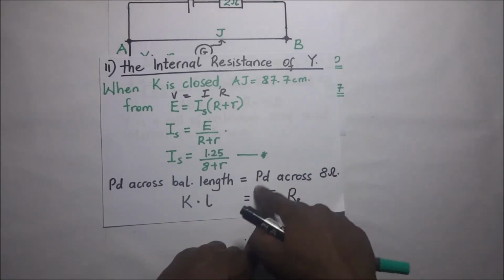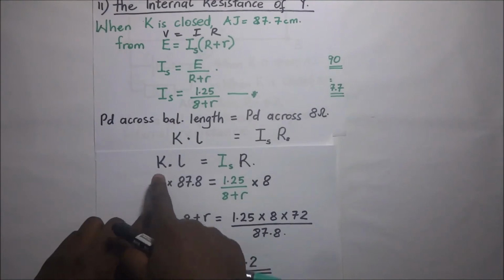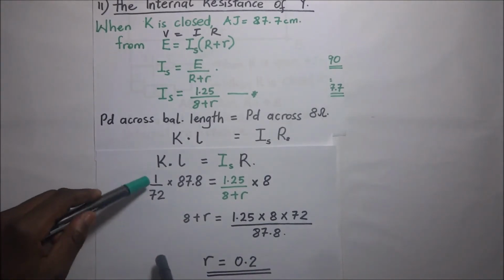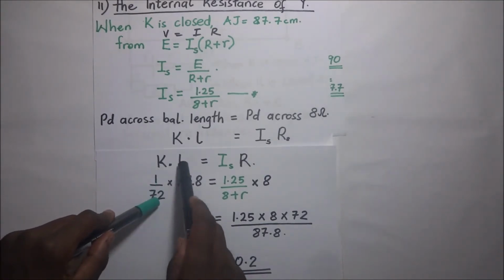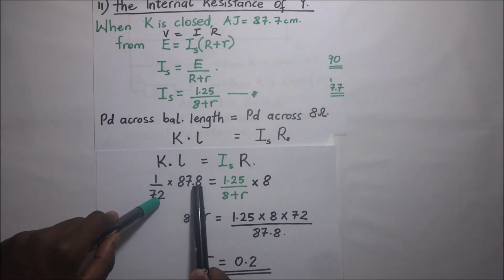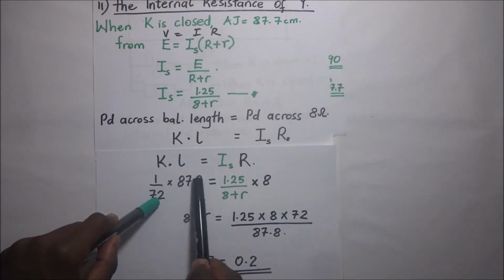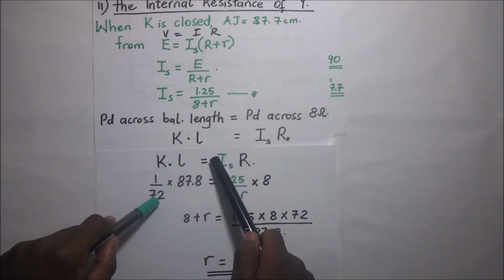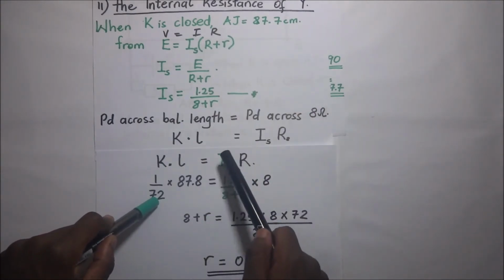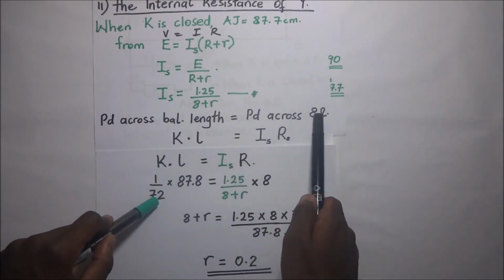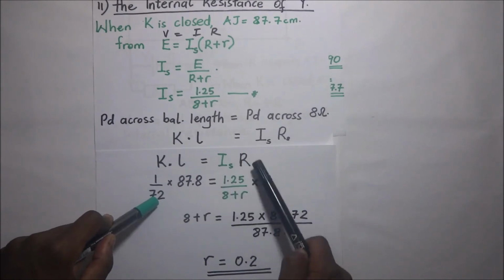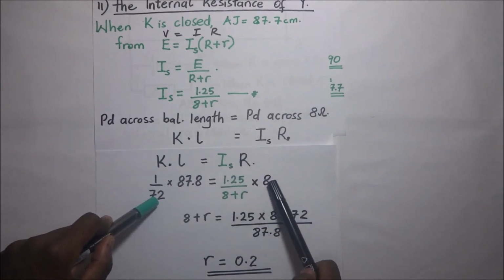This is coming from Ohm's law. Of course, from earlier, our value of k, the PD per unit length we got when answering the first question, is 1/72. Multiply that by the balance length, which happens to be 87.3 centimeters, as got from our question, and that is equal to the expression for I_S, the current going through the 8 ohm resistor, which we have replaced here, multiplied by the resistance, which is 8 ohms.